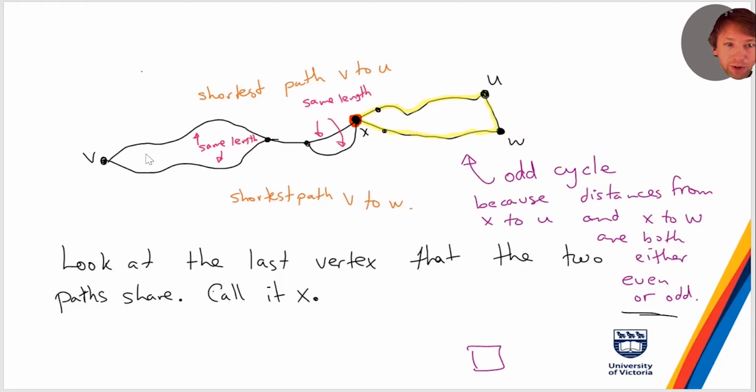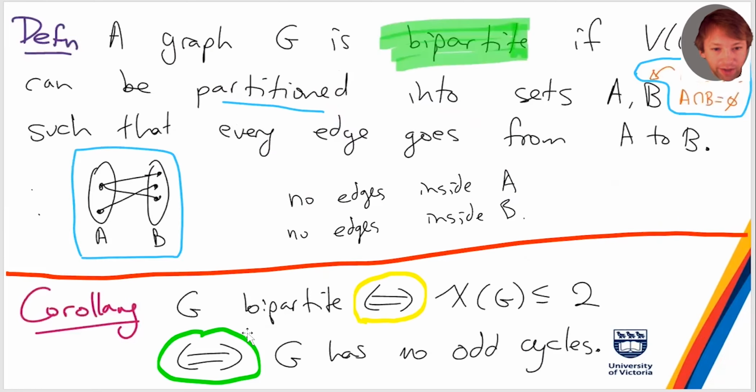The bottom is supposed to be the shortest way to get from V to W. If the top were shorter from this point to that point, I could just follow along here and then walk to W, and it would be faster. So you can't have something shorter than the shortest path. That's the point.